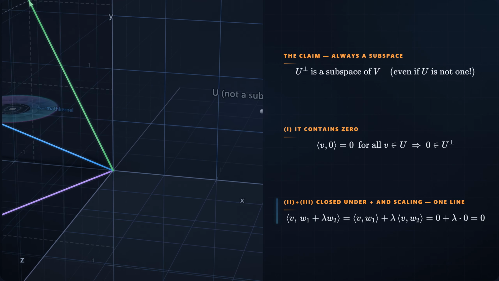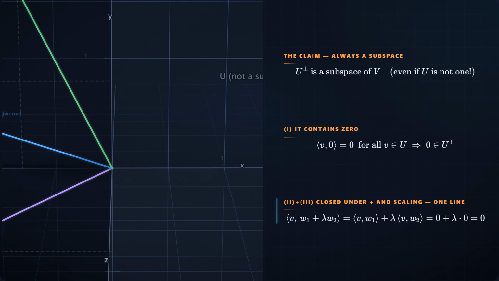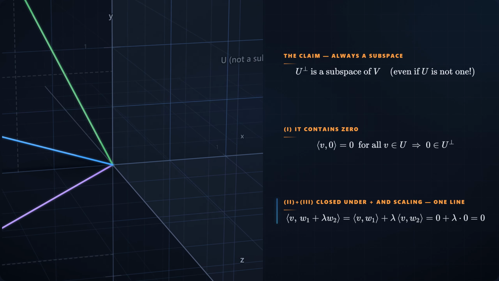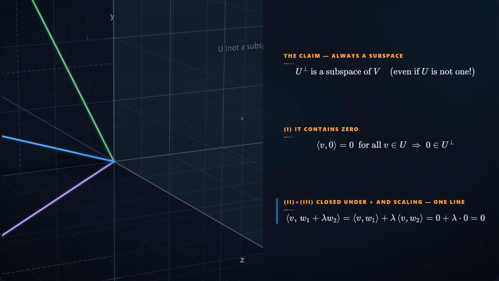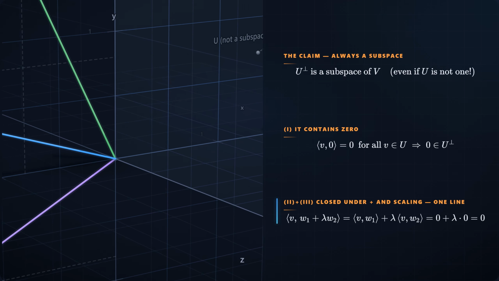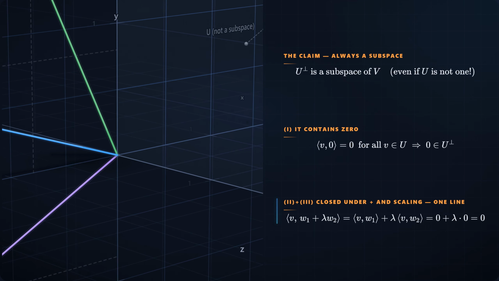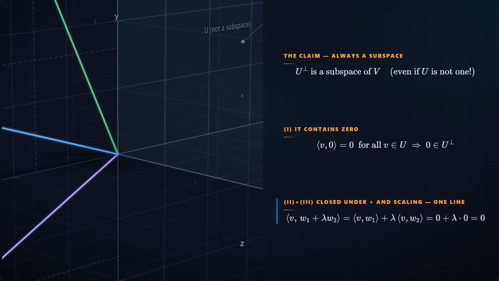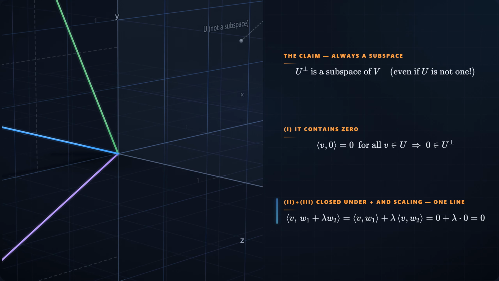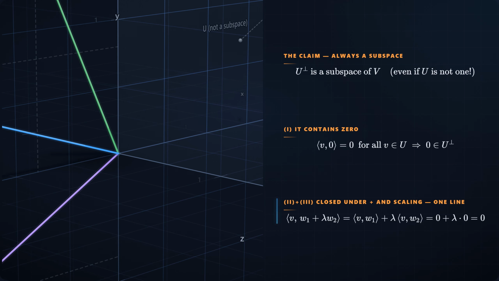So the combination is still perpendicular to V, and V was arbitrary. Right, and saying V is arbitrary at the start and again at the end is the part that makes it airtight. Since it holds for every V in U, the sum and the scalar multiple land back in U perp. All 3 axioms. All from bilinearity in the second slot.